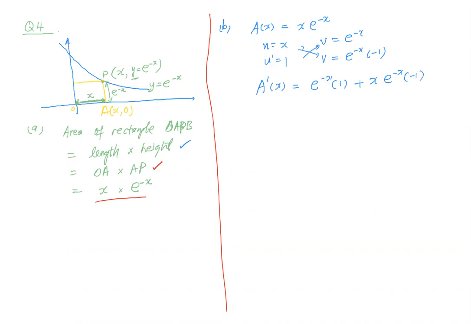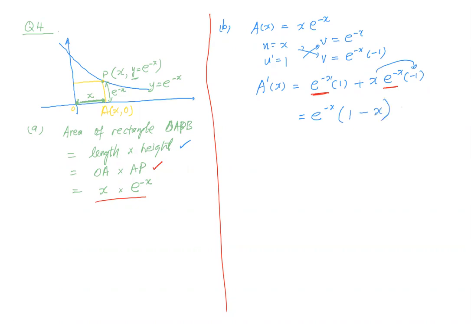So we factorize out the common factor. So you have e to the power negative x, 1 minus x.